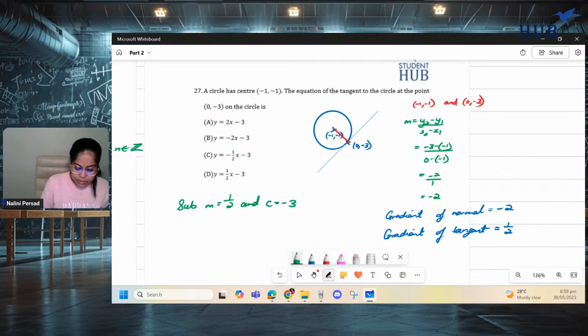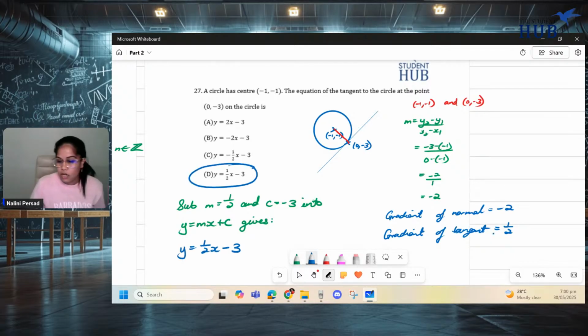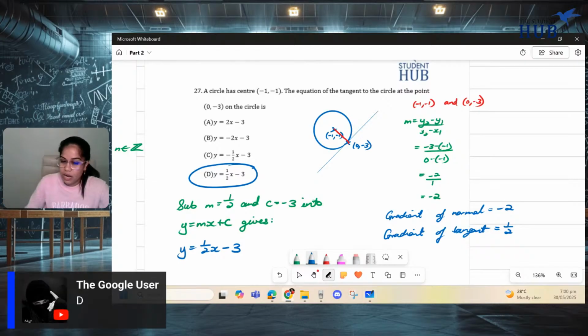The y-intercept is -3. So if I substitute it into the equation of a line, what would I get? I should get y is equal to a half x minus 3. Option D, y is equal to a half x minus 3.